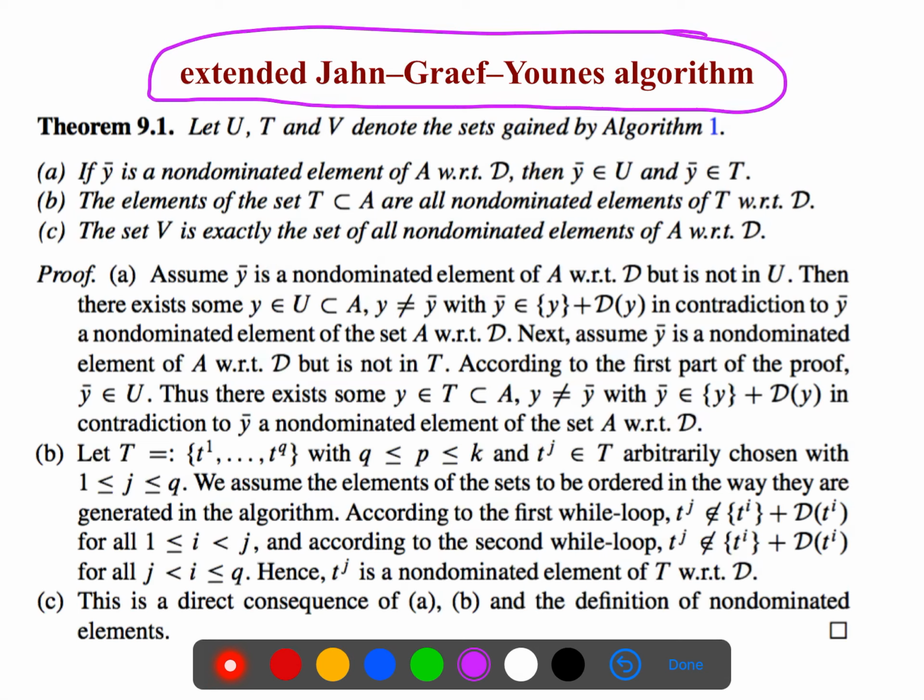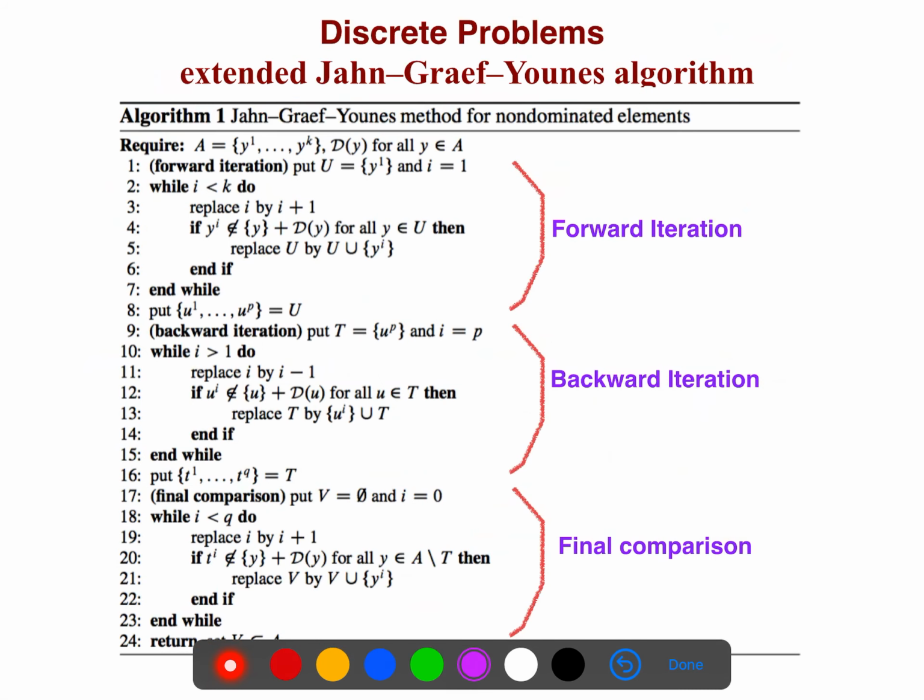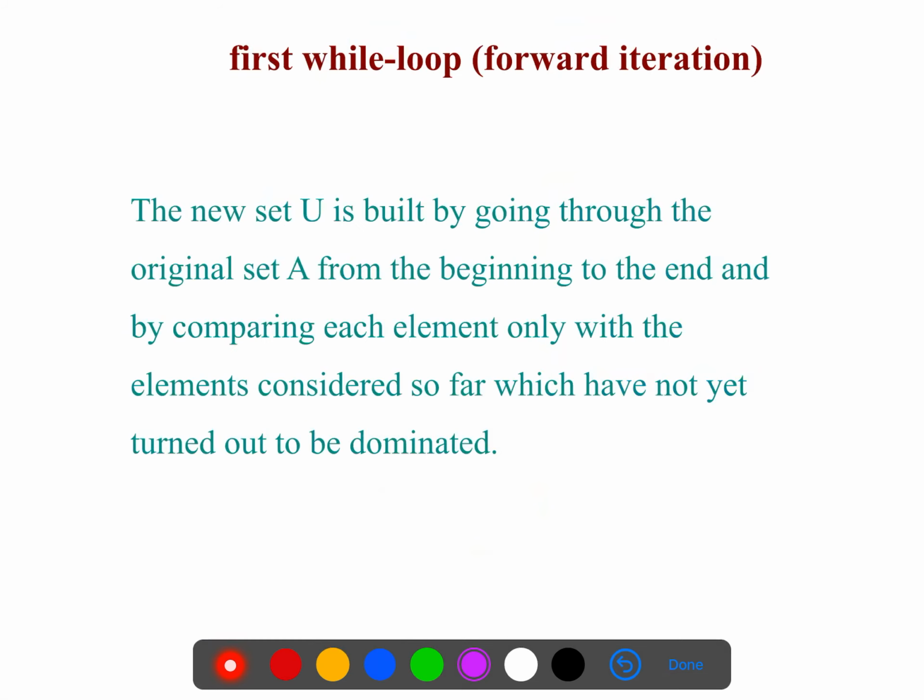We use it in the initialization maybe, but not for all problems. And you can solve this discrete problem very easily. It's like using an ordered list, and from left you try to do forward iteration, and from right you try to do backward iteration, and finally you cover all of the non-dominated points.